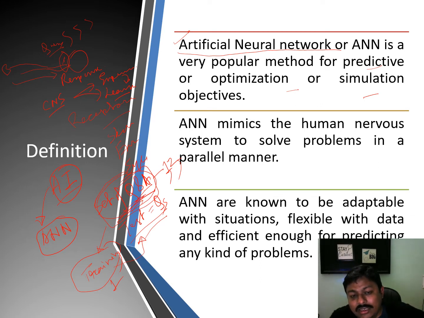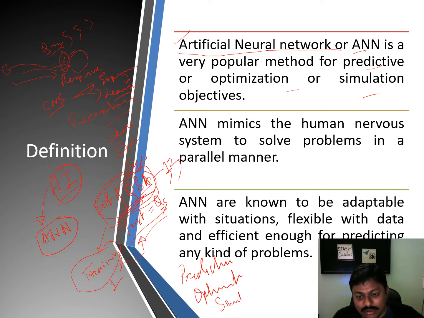This technique is actually mimicked when we try to develop a numerical model with the help of ANNs. With the help of ANN, you can develop a predictive model, optimization models, and also simulation models. In the case of a predictive model, you try to predict something which is unknown.